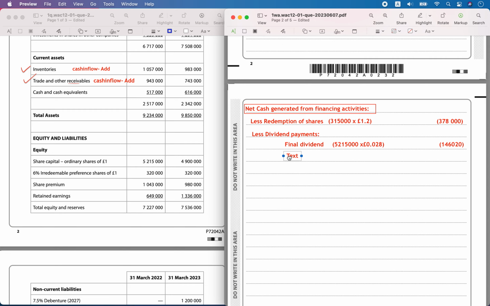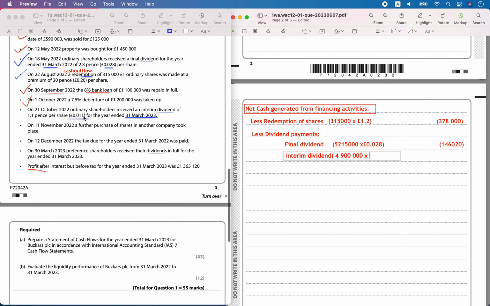So the interim dividend is 4,900,000 into 0.011, which is 53,900.